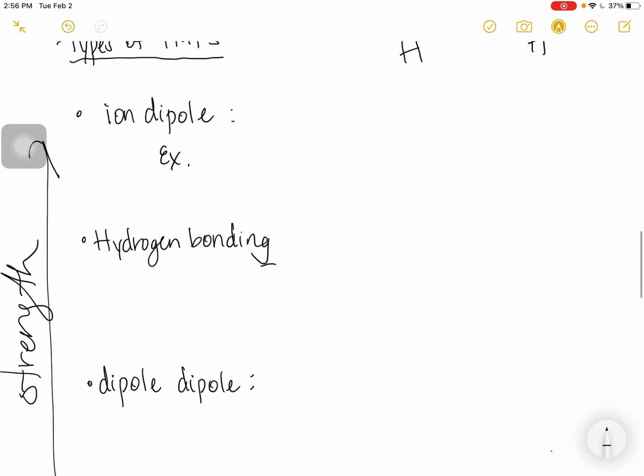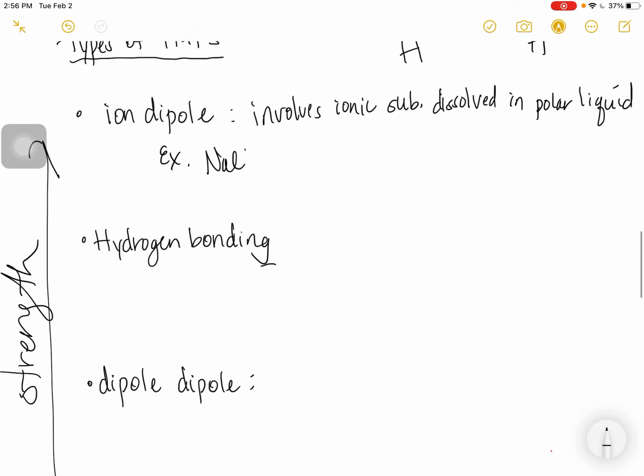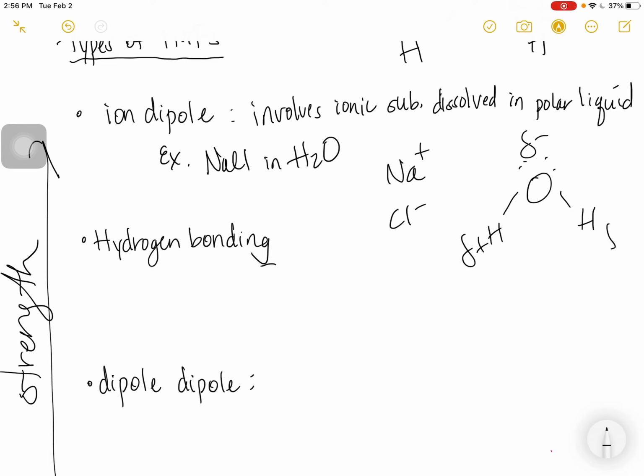So ion dipole involves an ionic substance dissolved in a polar liquid. Most often we talk about NaCl in water; this is my favorite example. NaCl ionizes. We have water, which is a polar substance, with partial negative and partial positive.